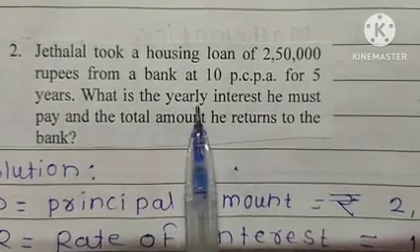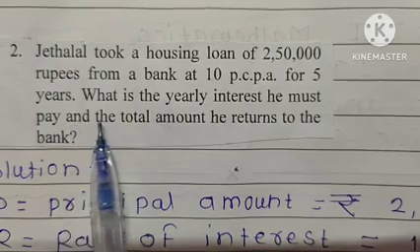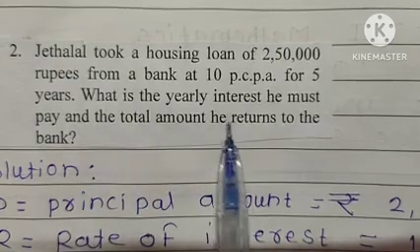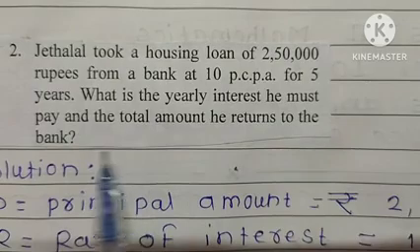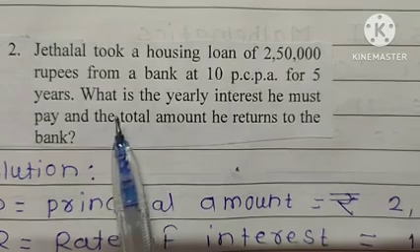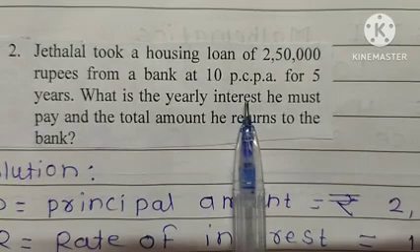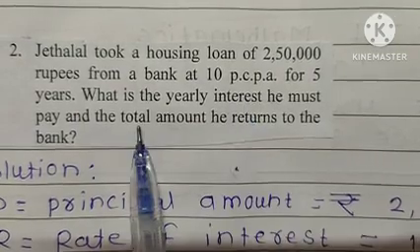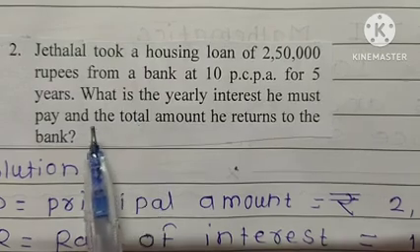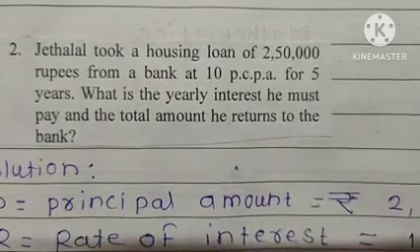What is the yearly interest he must pay and the total amount he returns to the bank? Here we have to answer two questions. First, yearly interest, and second, after 5 years, what is the total amount he returns to the bank?